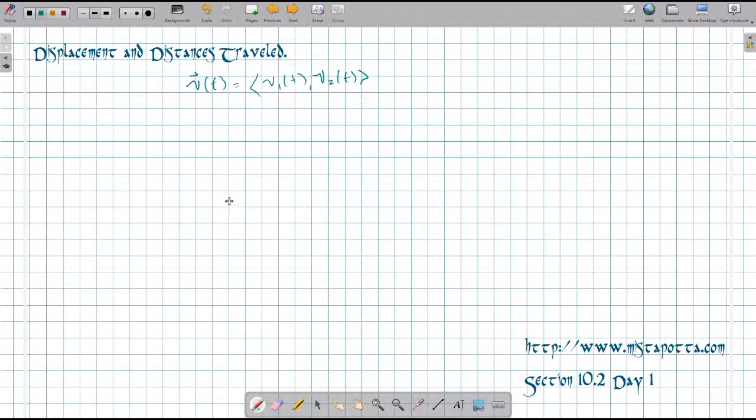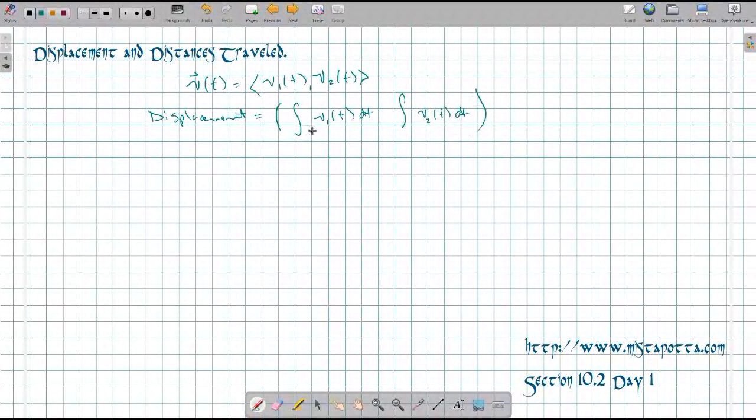And what I can do is I can determine the displacement. And my displacement can be determined by finding the integral of velocity, because the antiderivative of velocity is displacement. And the integral of v2 of t dt.